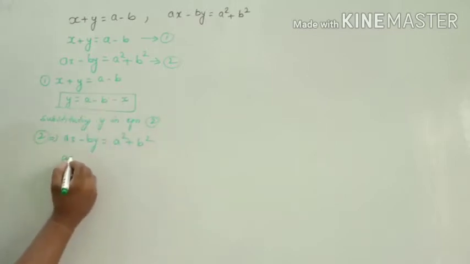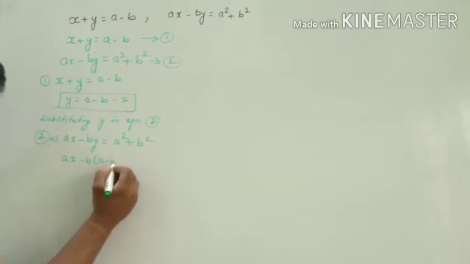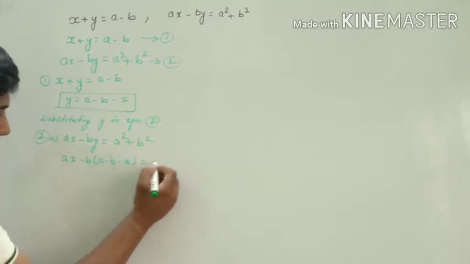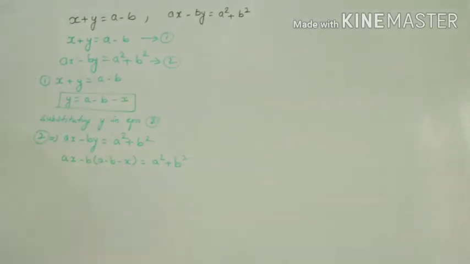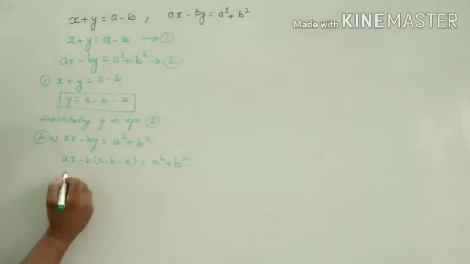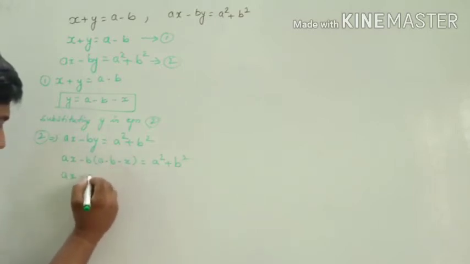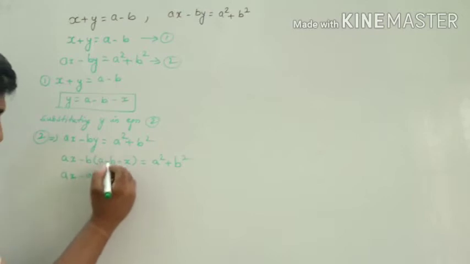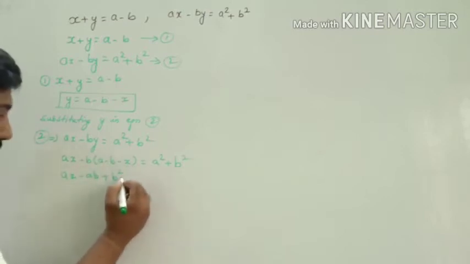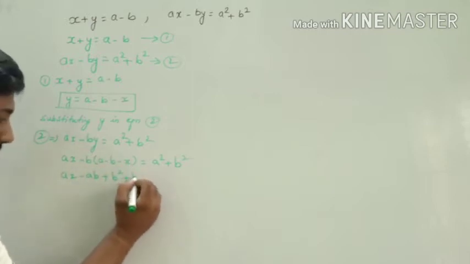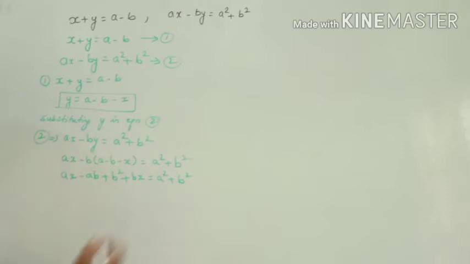So ax minus b times (a minus b minus x) is equal to a square plus b square. Now ax, then minus into plus is minus, b into a is ab, minus into minus is plus, b into b is b square, minus into minus is plus, b into x is bx, that is equal to a square plus b square.